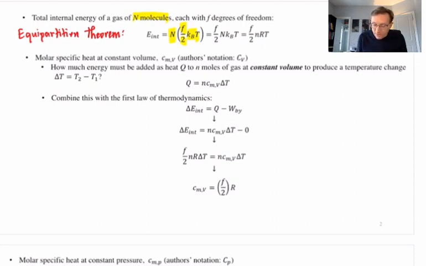So here's the way we would often write it: F over 2, capital N, kB, T. T is the absolute temperature in Kelvin.